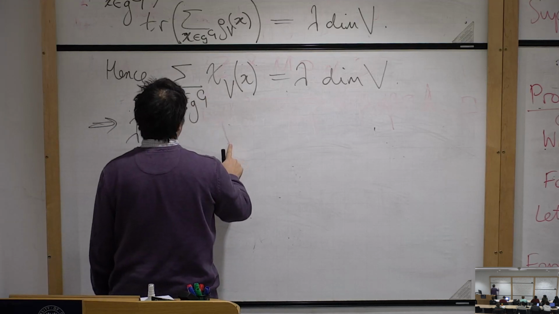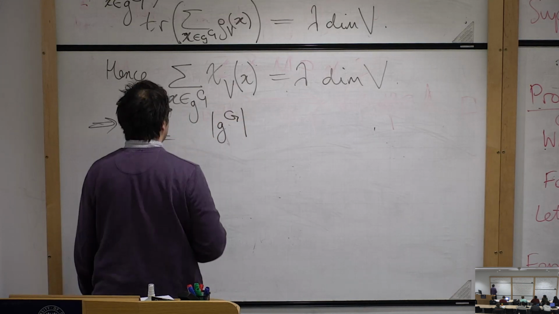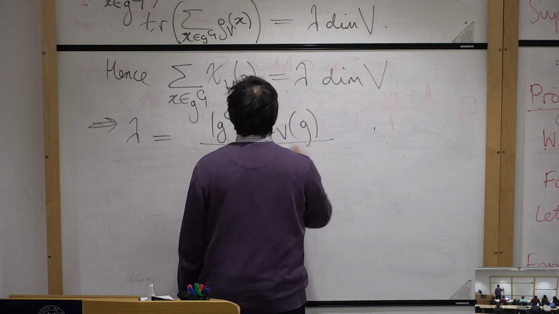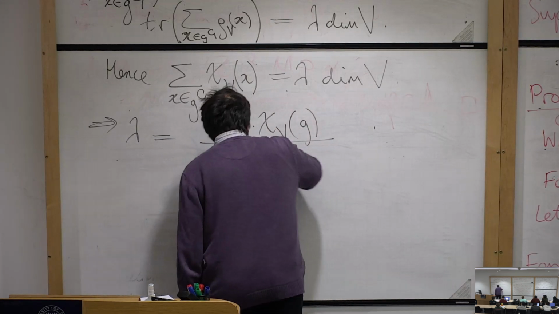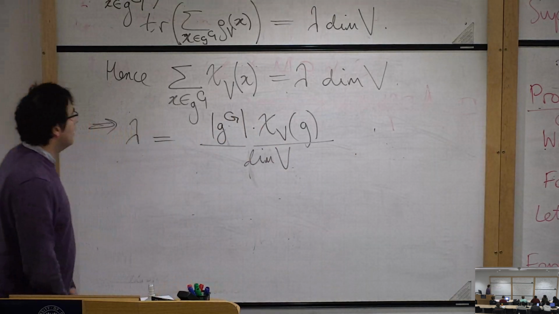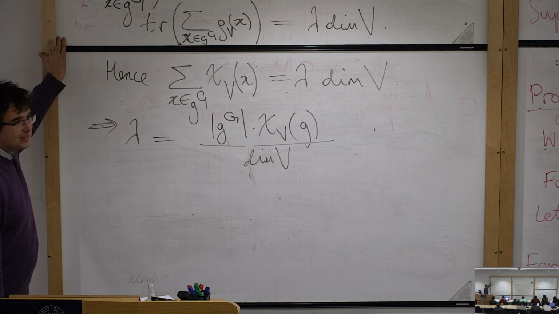So it's going to be this thing repeated the size of the conjugacy class times, the character value at g, divided by dim V. That's what I collect. Any questions? Take traces in the action and say, look, easy.